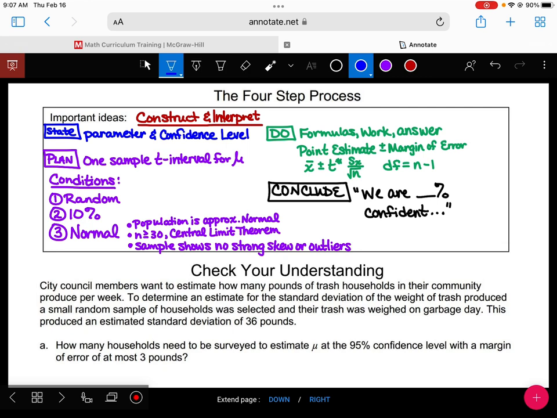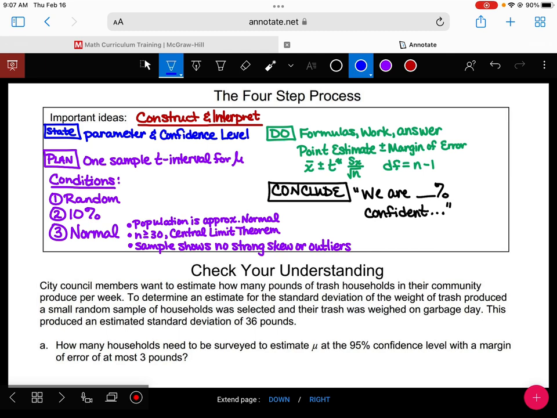All right. So in part A, it says how many households need to be surveyed to estimate mu at a 95% confidence level with a margin of error of at most 3 pounds. We did this, if you pull out your packet from chapter 8, with our proportions.